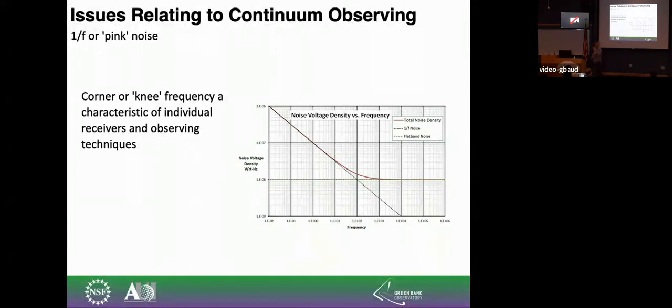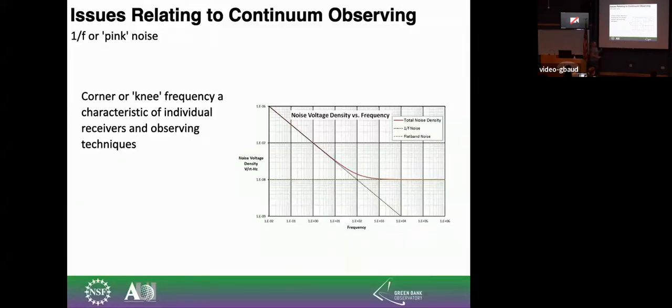It's f to the 0 power, whereas 1/f is f to the -1. There's a corner frequency where those meet, and the longer you integrate, the white noise goes away, whereas this actually goes up. So this corner frequency moves around depending on your integration time as well.